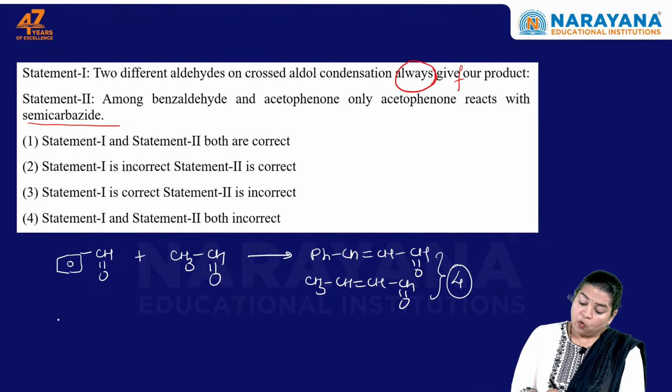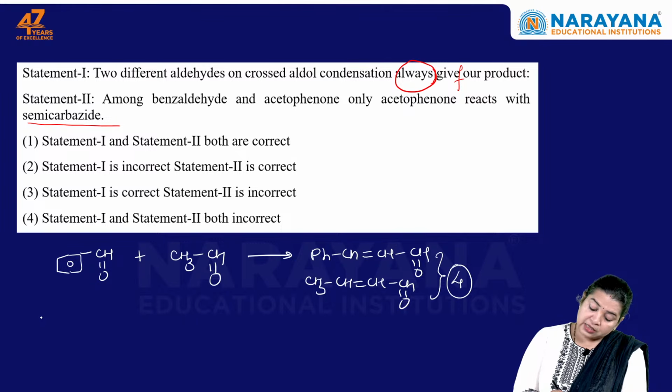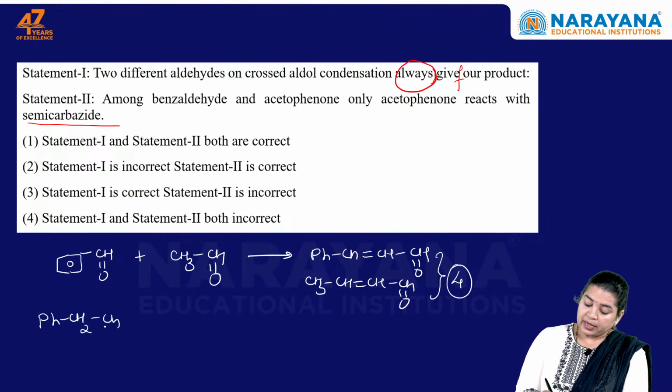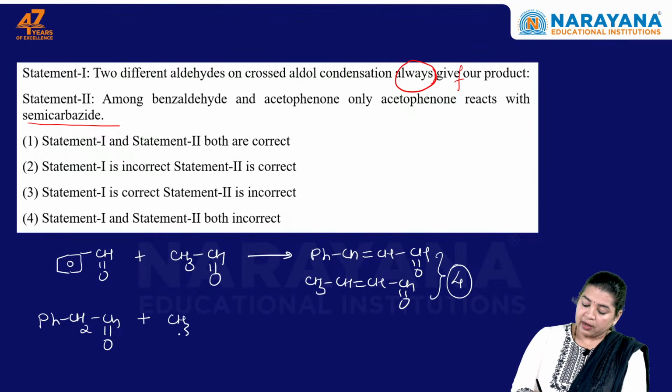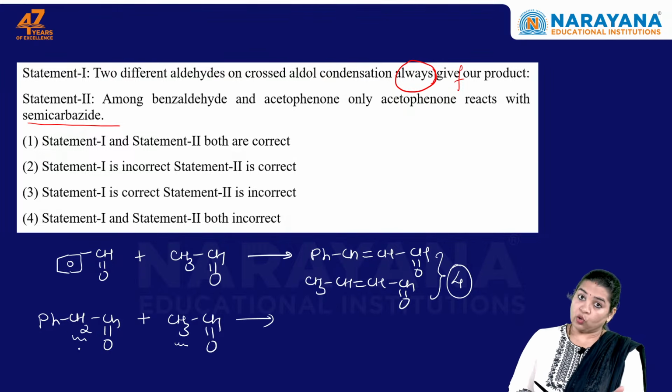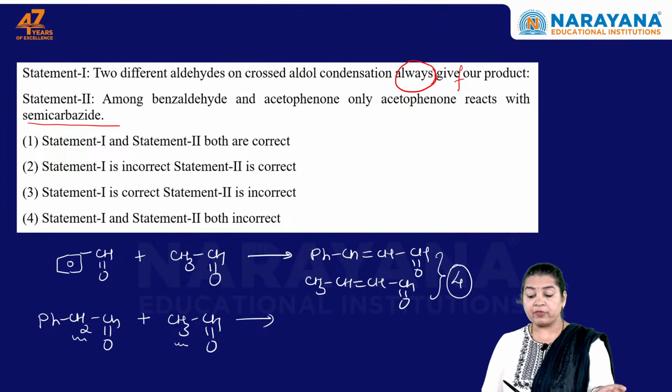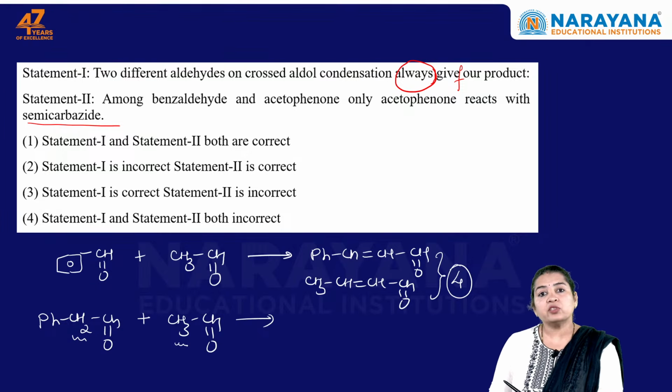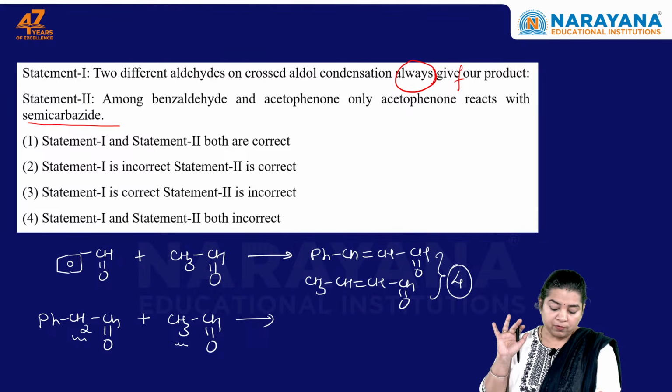Anyways, what if I take something like phenyl acetaldehyde and acetaldehyde? Now, both have this alpha H, right? So considering the geometrical isomers, I will definitely get a much larger number of aldol products than 4.